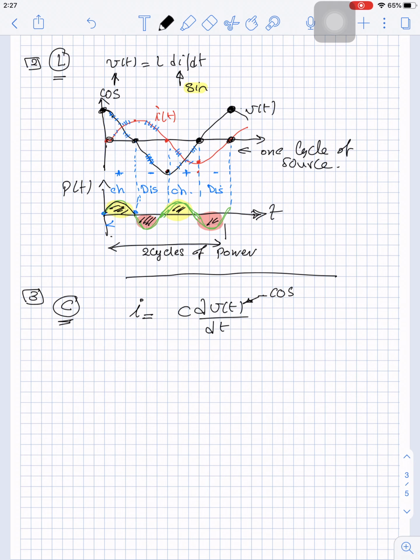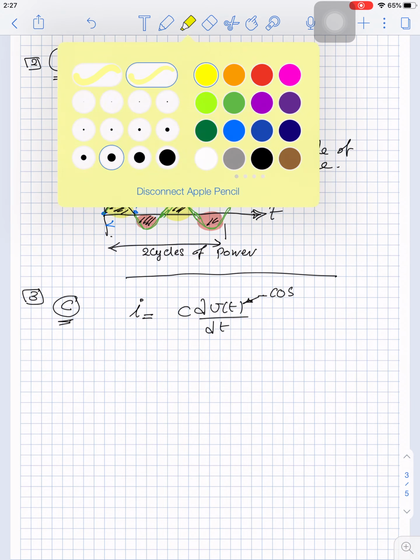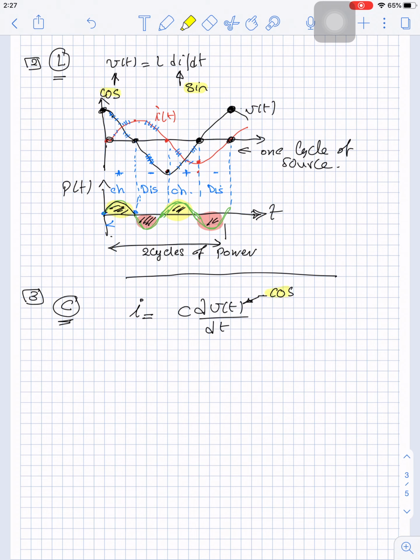To keep the same reference as the inductance, I will keep the source as a cos function. So if the voltage is cos, the current will be the derivative of a cos function, which is minus a sine function. So if I need to sketch the relation between V and I, how will we do this?